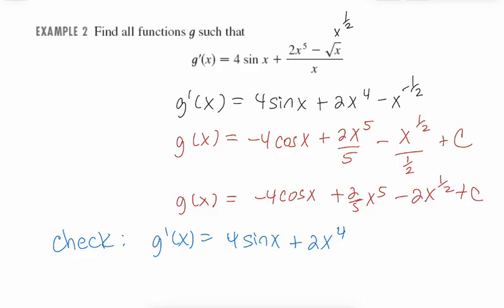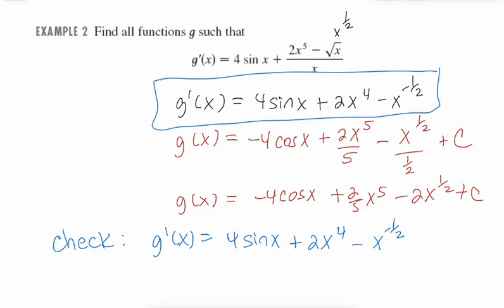If I take the derivative of negative 2x to the 1/2, it would be negative x to the negative 1/2. And then the plus c would be plus 0. Look, it matches this perfectly. It might not match this one unless you rewrote it one more time, but it should match the particular rewrite that you did to get it ready.